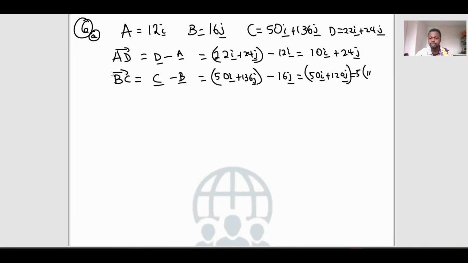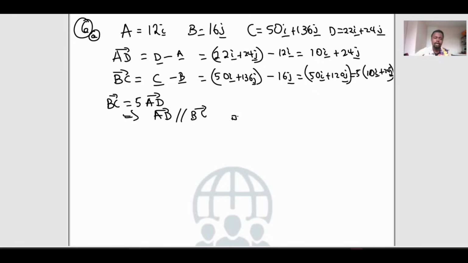So if you do this, this should be 5 into bracket 10i plus 24j. So since we are able to establish that BC is the same as 5 times AD, once you can put a vector as a multiple of the other vector, then they are parallel. So this implies that AD is parallel to BC. The box is just saying that I've shown the requirement.